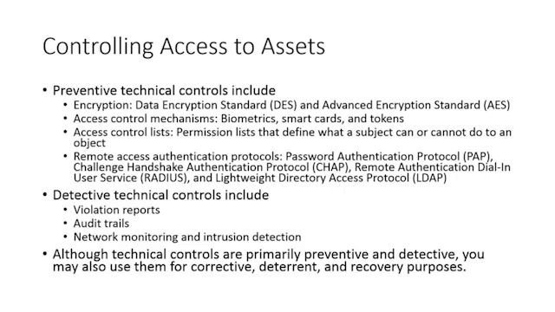Now, what about the detective technical controls? Well, violation reports, things that have happened, audit trails, huge, right? If you get called in, let's say you're a forensics analyst, or you help one, or something happened in your organization and you're the IT person, the security person, you're everything, come and find out what happened. The first thing you need to look for are those audit trails.